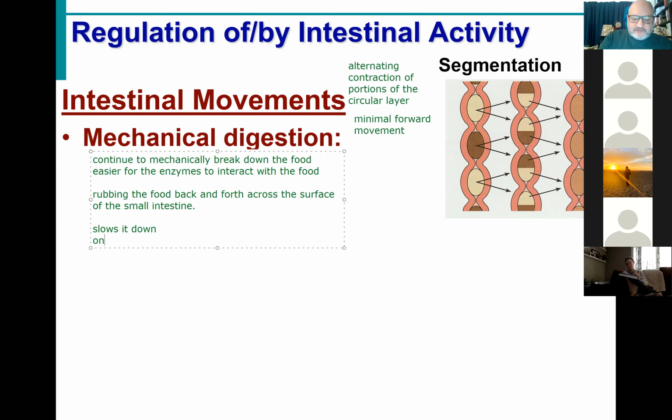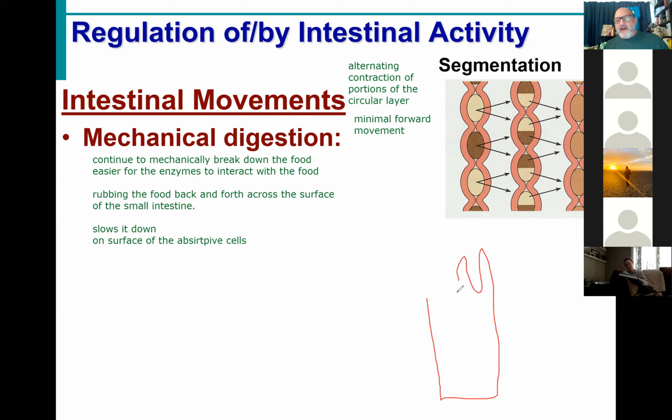But on the surface of the absorptive cells, right? Remember, we have these absorptive cells, simple columnar cells with the microvilli, the non-motile microvilli on top of them. On these microvilli are a bunch of specific enzymes that help in the breakdown.